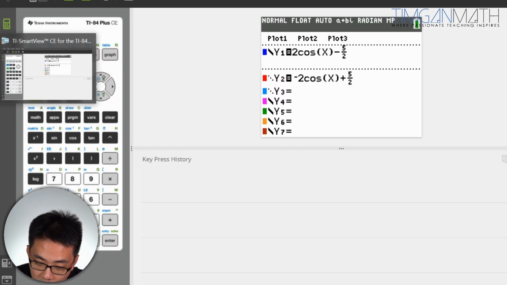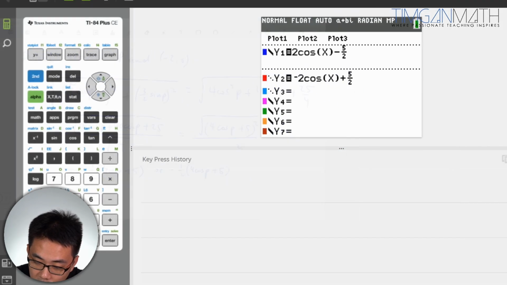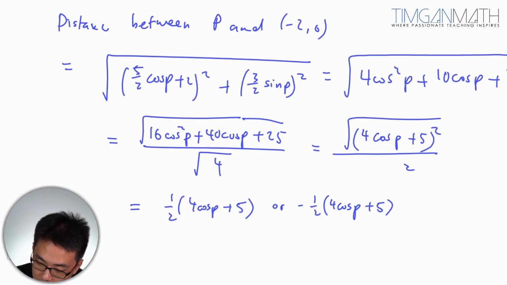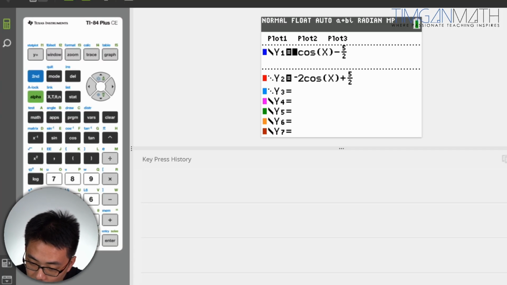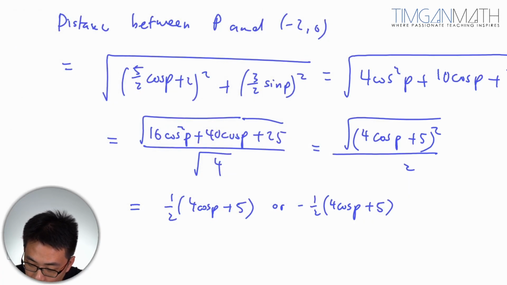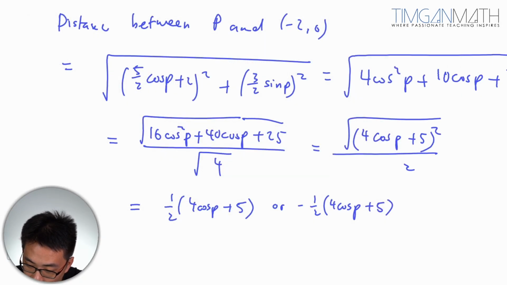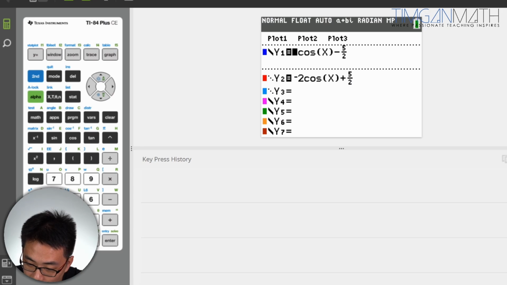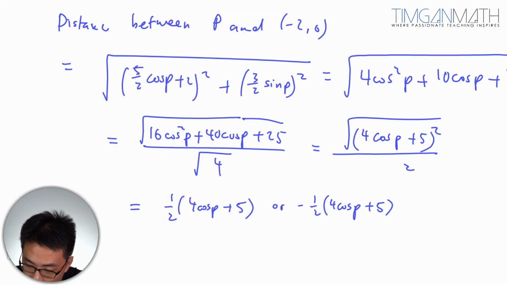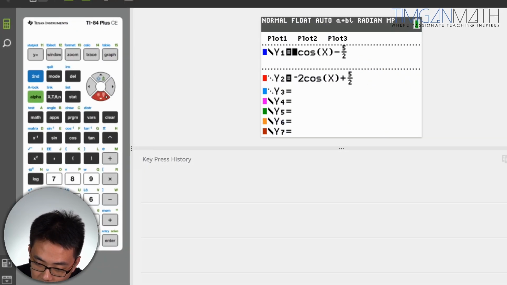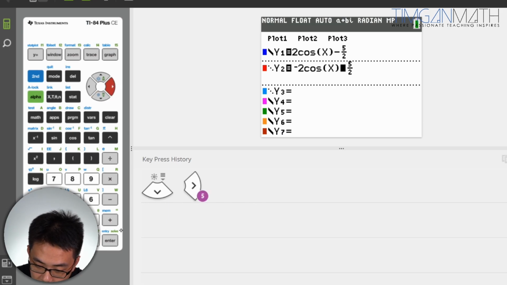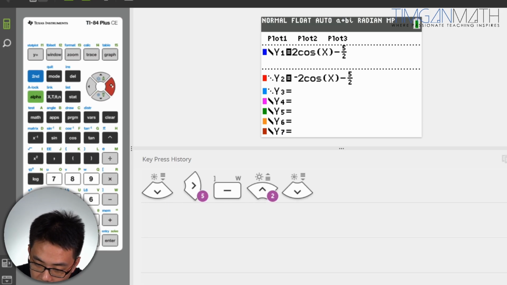So in this case, what I'll get is 5 over 2 plus 2 cosine p, or it's the same actually, negative 2 cosine p plus 5 over 2. So it's sort of the same but different, I just need to change this, and this will be plus.